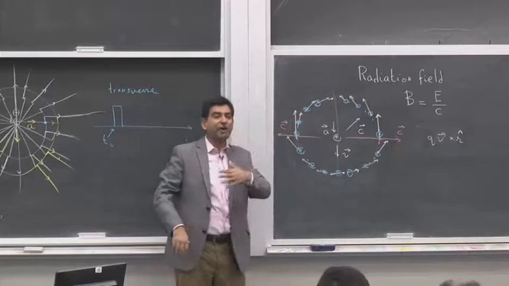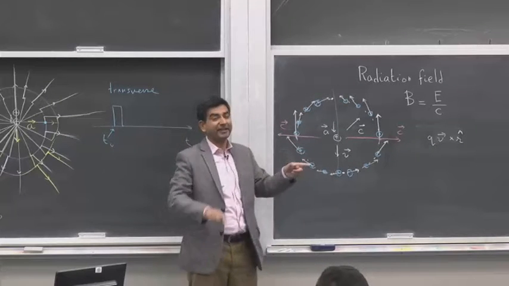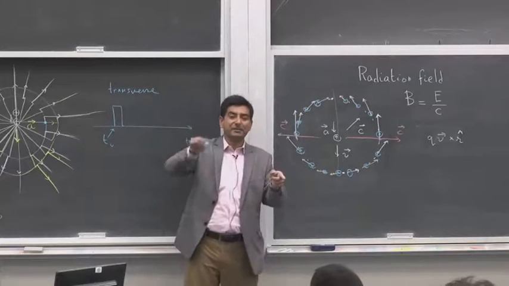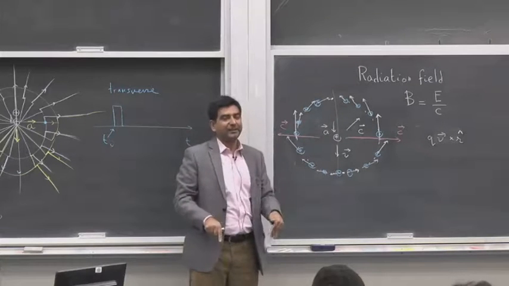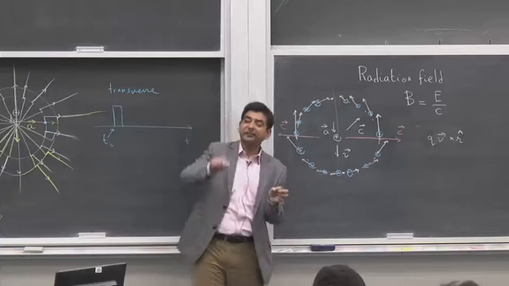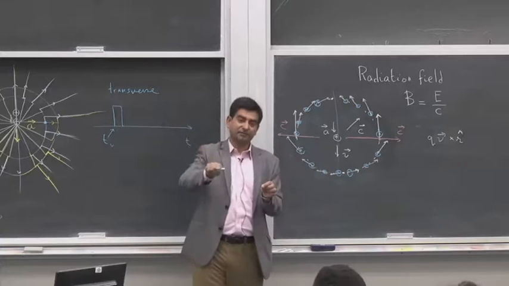So this Biot-Savart magnetic field happens to be in the same direction as the radiative magnetic field. But this is just because this charge is accelerating. This radiative magnetic field is different from the Biot-Savart field.